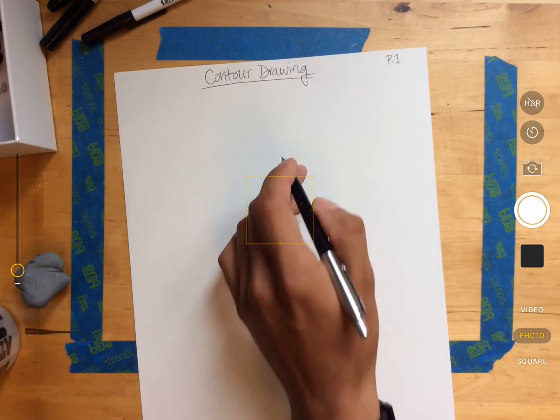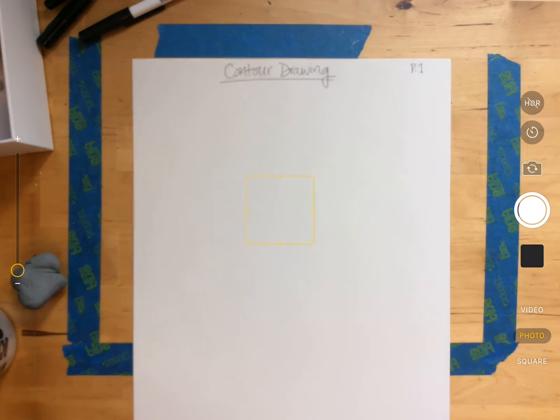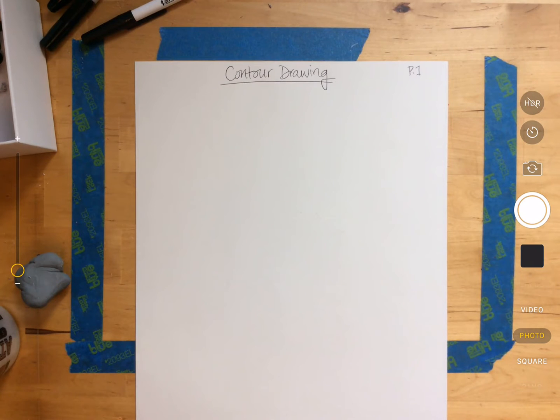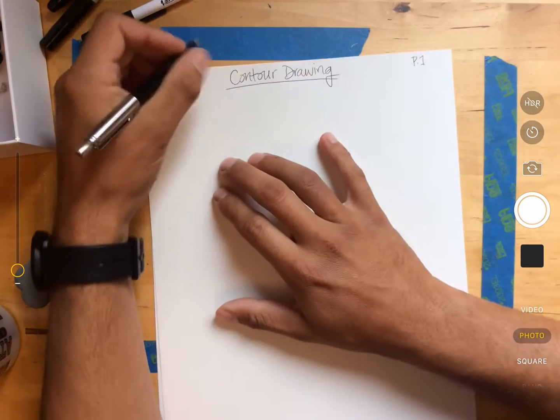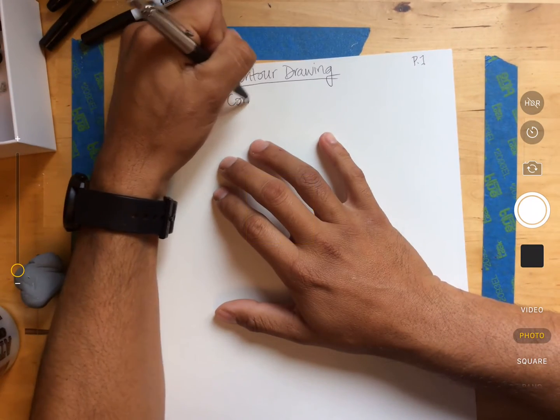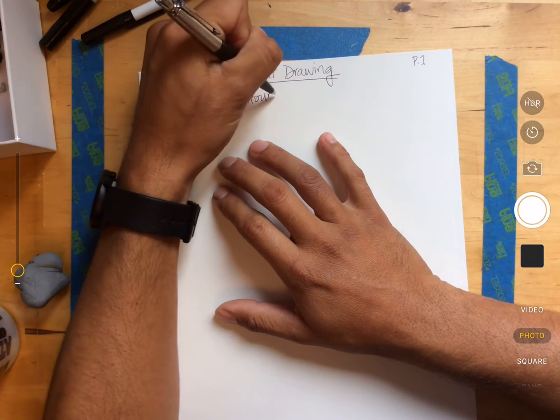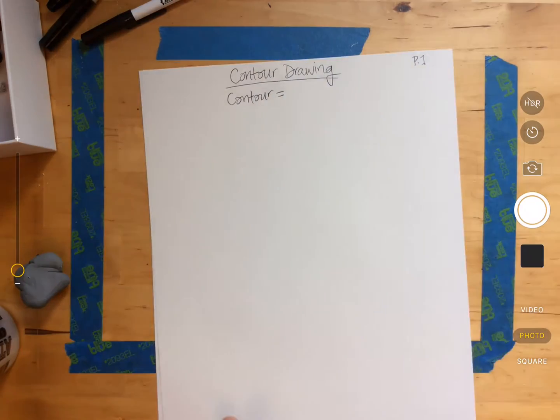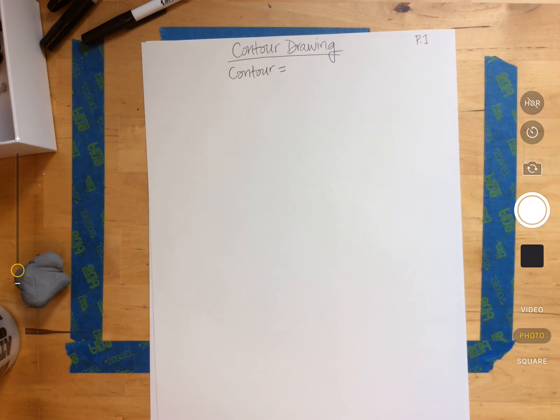Okay, so contour drawing. What did I say last class that it equaled? What did I want you guys to think when you heard the word contour? Anyone remember? We're going to use up the whole page, by the way, so make sure you have enough room.